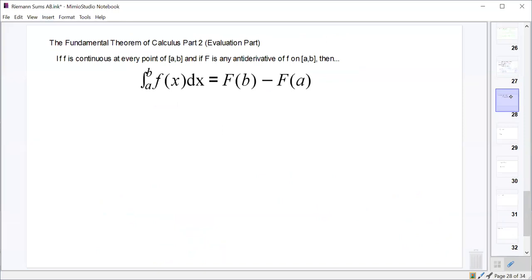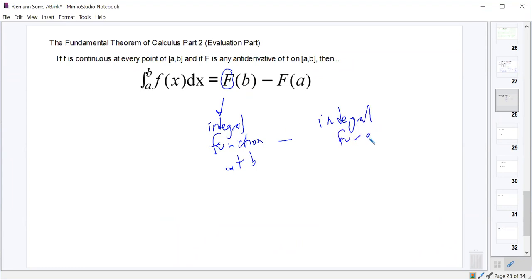The second part of the fundamental theorem of calculus says that a definite integral from a to b of some function is equal to the integral function, the one that we got when we took the integral, evaluated at b, minus the integral function evaluated at a.